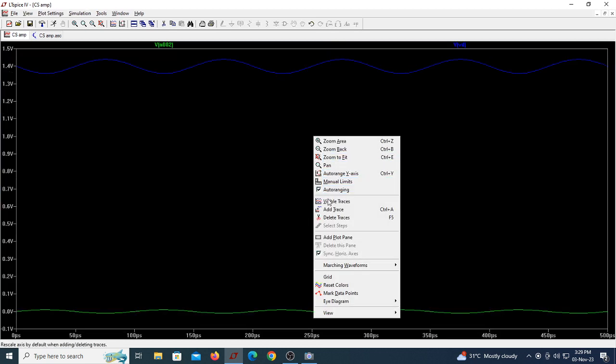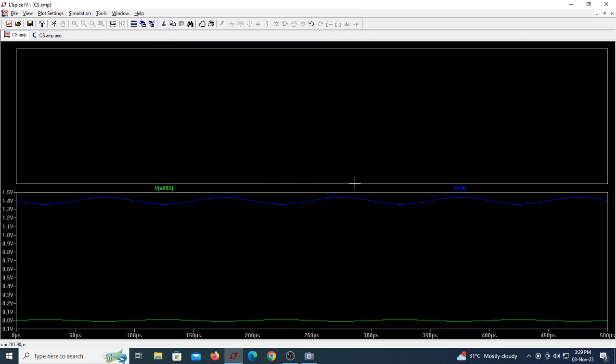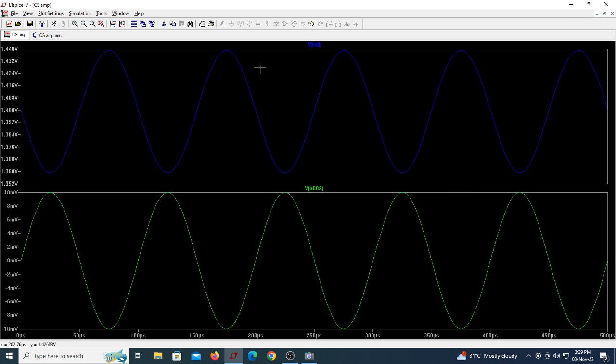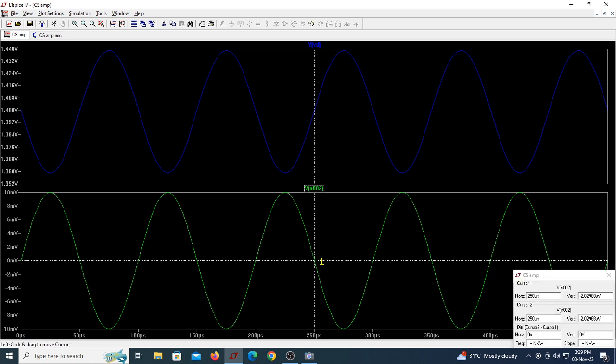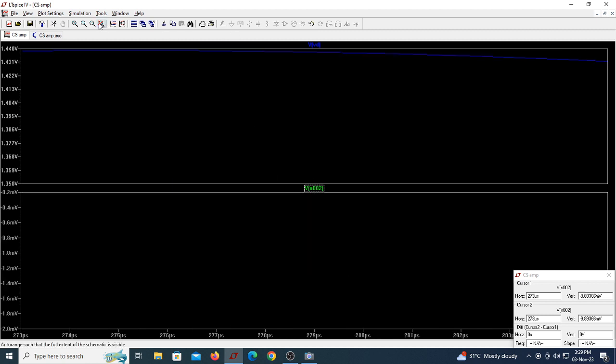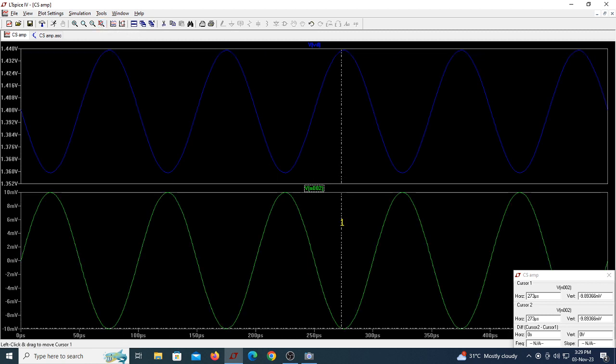If you want to see this, now I have to get a gain of 4. Let us see what is input peak to peak. Input peak to peak is 20 millivolt. So this is input peak to peak. Can you see it's almost 20? Let us see output peak to peak.